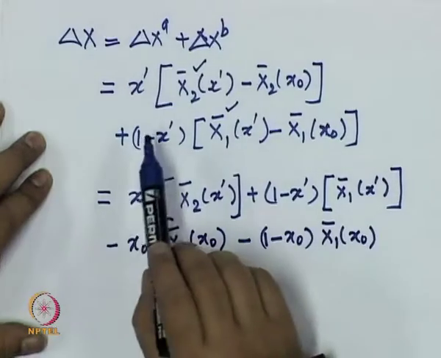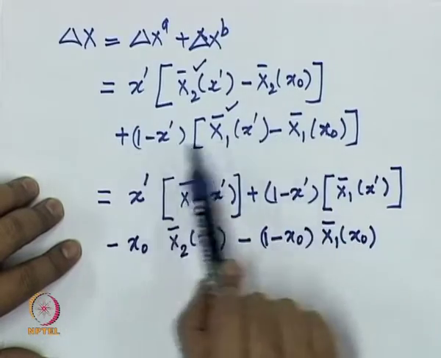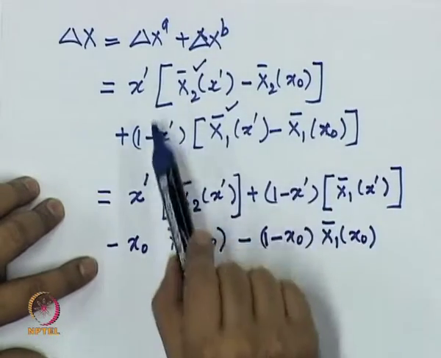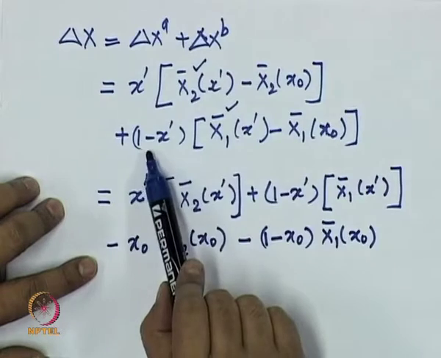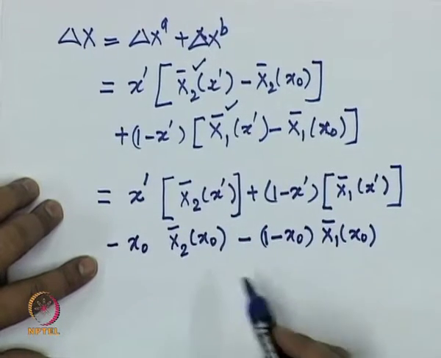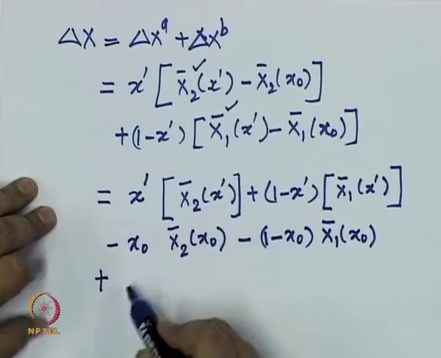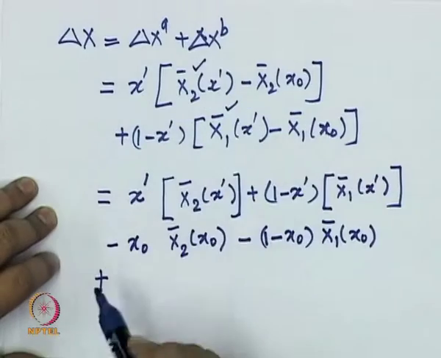Okay. So, what did I do? Instead of multiplying x bar and 1 minus x bar, I have instead put x naught and 1 minus x naught, which means there are some more terms that we need to add to make sure that this goes back to that expression.